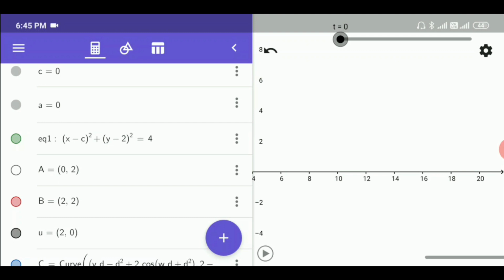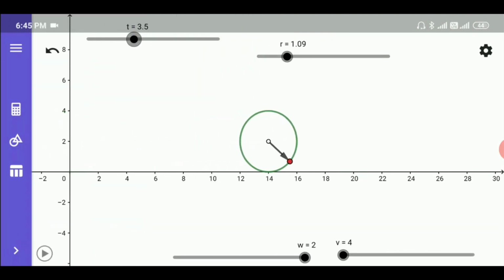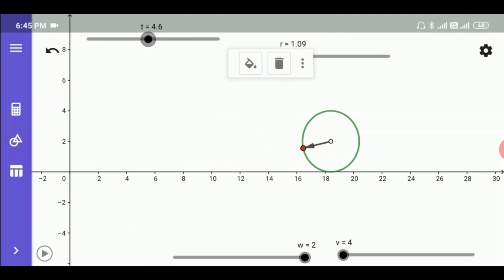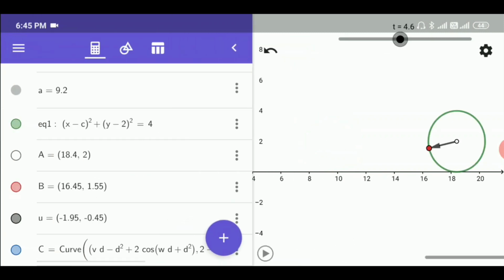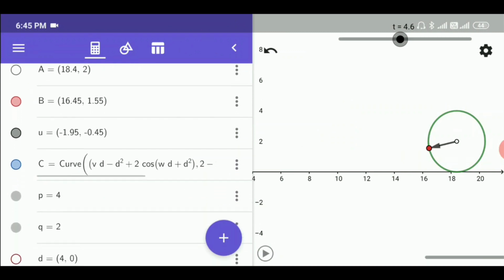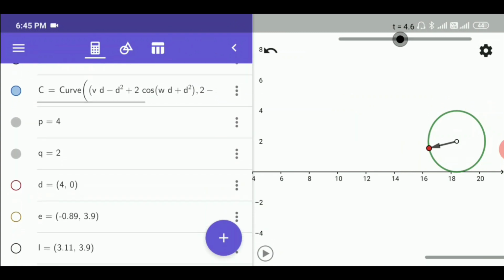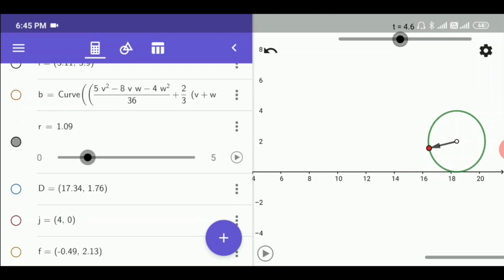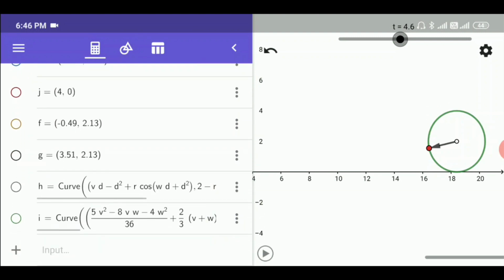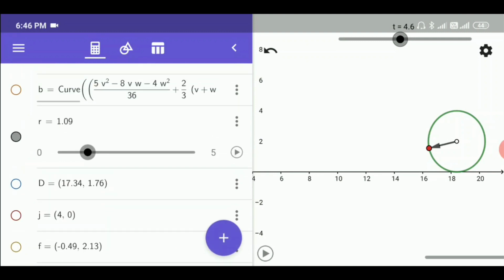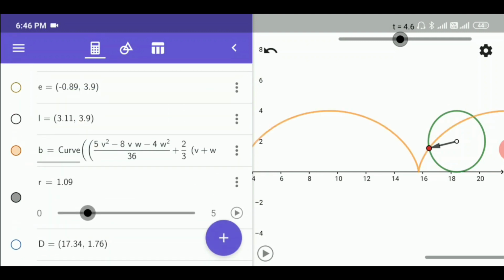Here you can see, if I move this a little bit right, the red point is brought again. And now the curve which the red point will trace will be here, like this, the yellow one.